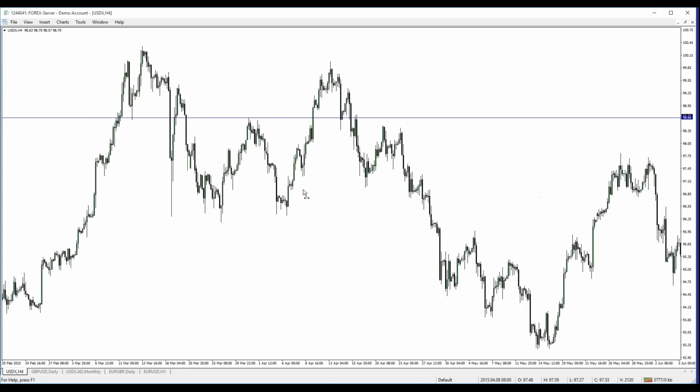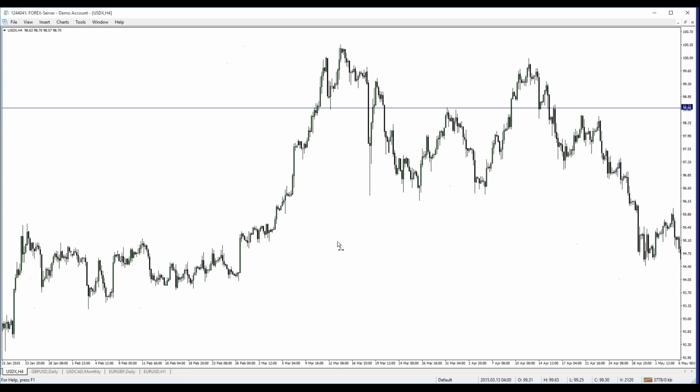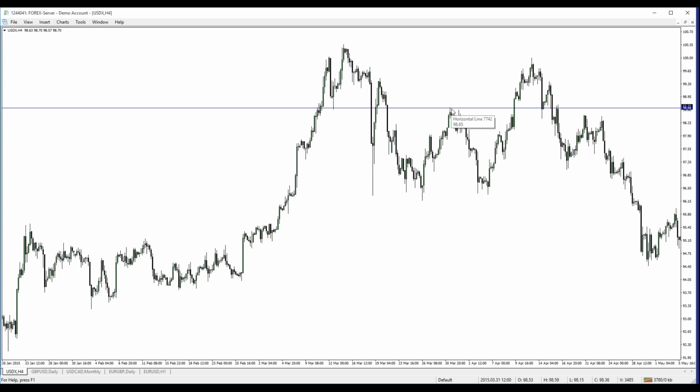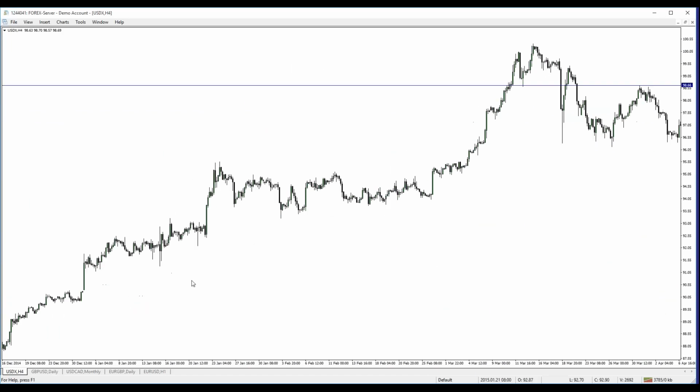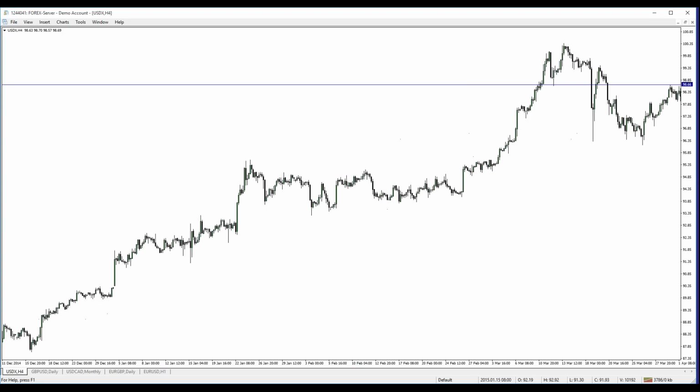My question is, what was the primary trend even right here? And when it was trading down, what was the primary trend? Well, on the daily chart, it's been going up. Higher, higher, higher, higher, higher.